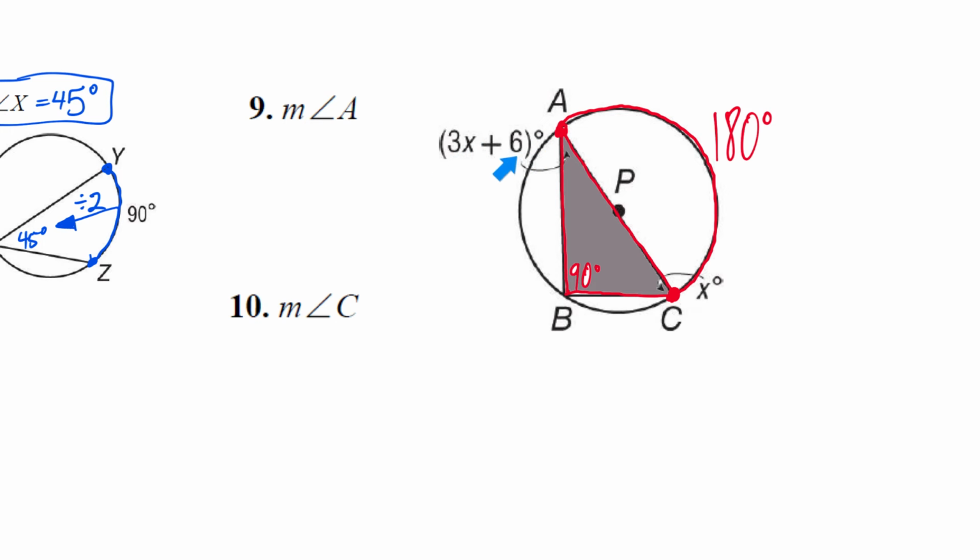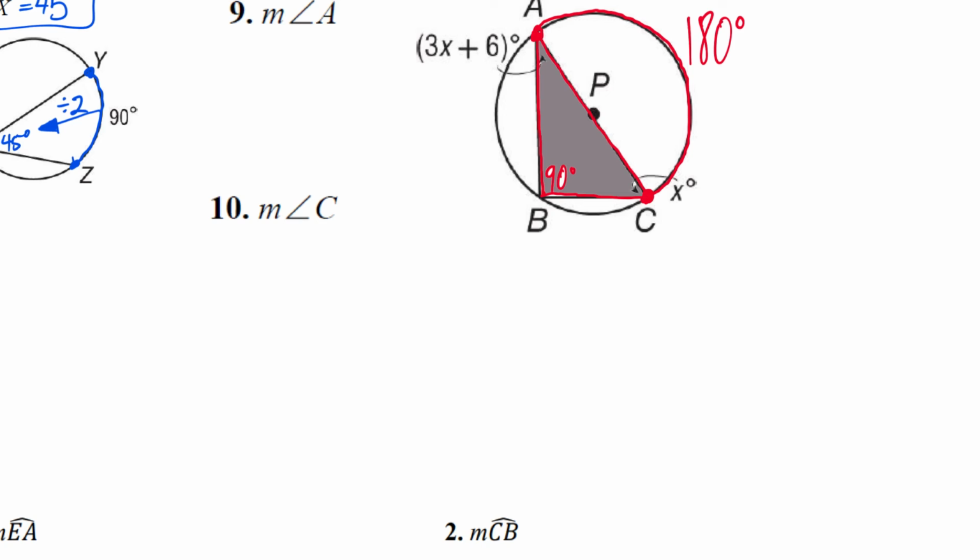You can't just add 3x plus 6 and x to equal 180, because that's not true. All three of the angles add up to 180. So it's this 3x plus 6, this 90, and this angle that's x. All together, all three of those equal 180. So it's going to look like this: 3x plus 6 plus 90 plus x equals 180. Don't forget that 90. Everybody forgets it.